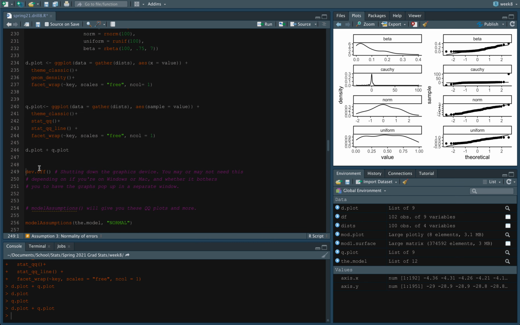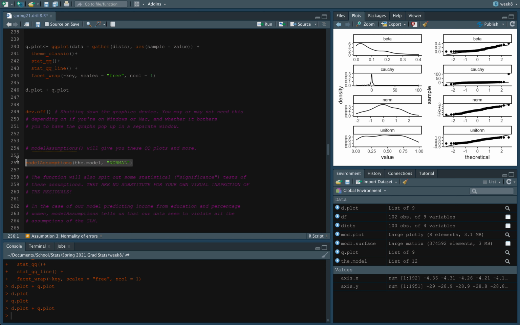So again, I'm going to be using this dev off thing, because now we're going to get into the model assumptions function. So this is different from model case analyses. Now we're talking model assumptions. At least when you're on a Mac, it will open up a graphics device that's called Quartz. I don't know off the top of my head what it's called in Windows. And so the behavior, if you're on a Windows computer, may be a little bit different than what I'm dealing with here.